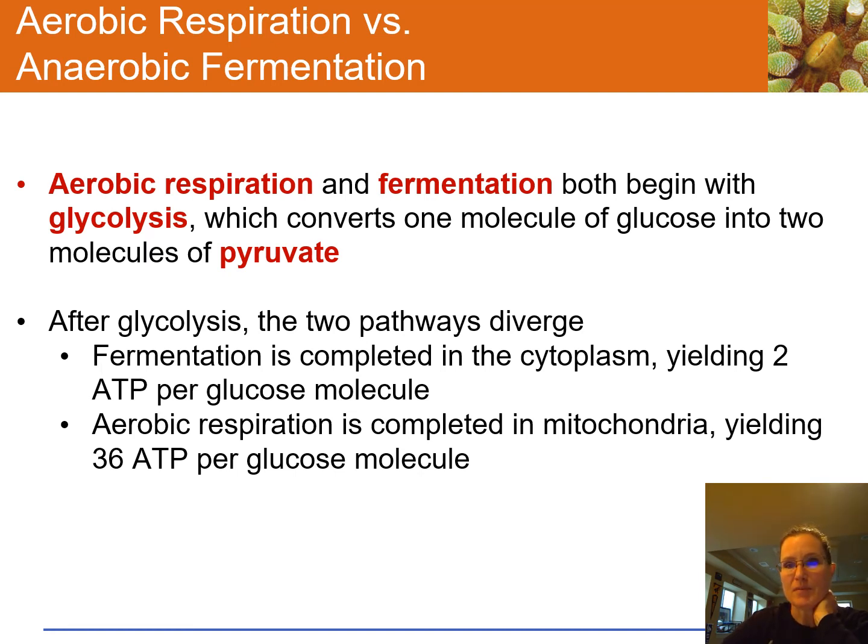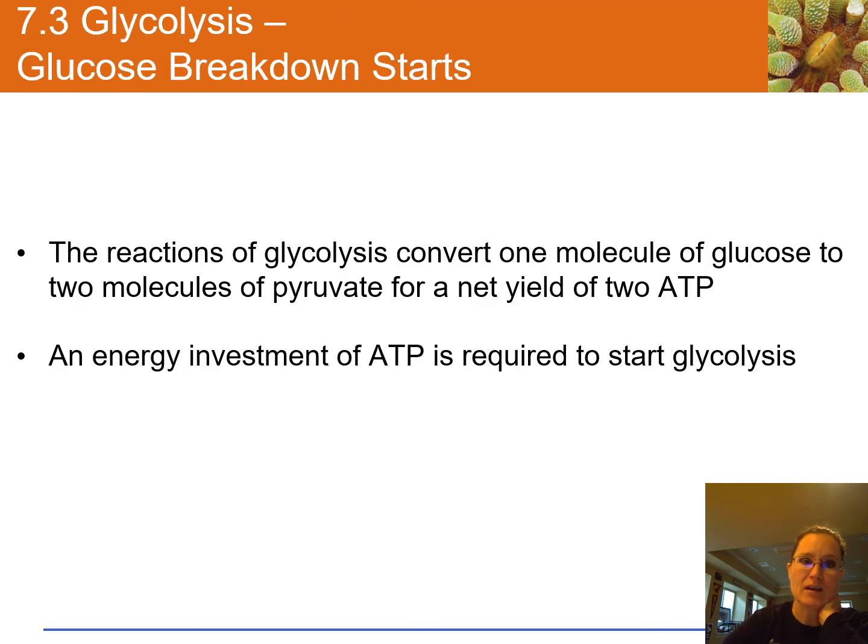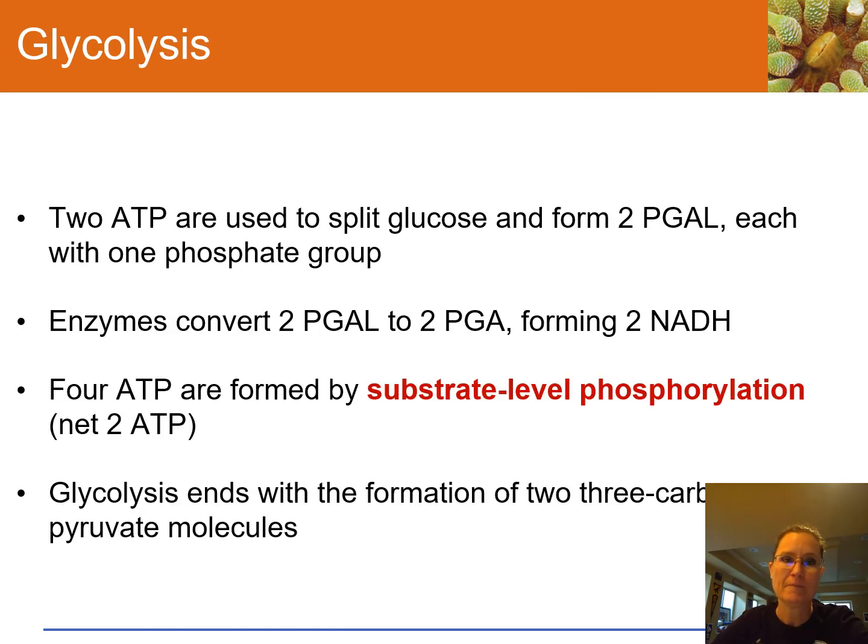And so the first thing that happens in glycolysis is glycolysis. It means that you are taking the 6-carbon sugar and you're breaking it down into 2 3-carbon sugars. And then this just talks about how you have to spend a little to make a little, so you have to invest a little bit of energy to get that broken down because it takes work to break that bond.